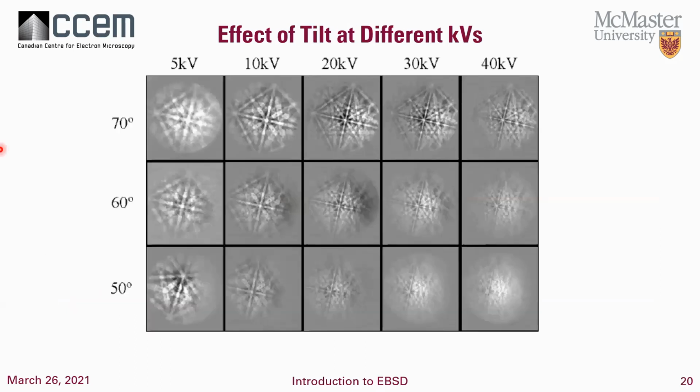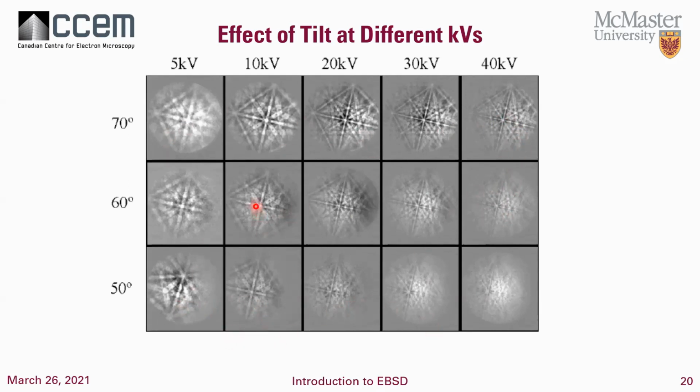If we're looking at why we use 70 degrees of tilt for collecting the patterns, you can see here the effective tilt versus kV. Not many SEMs go to 40 kV. We don't have one, but this shows you an example of what effects things would have.